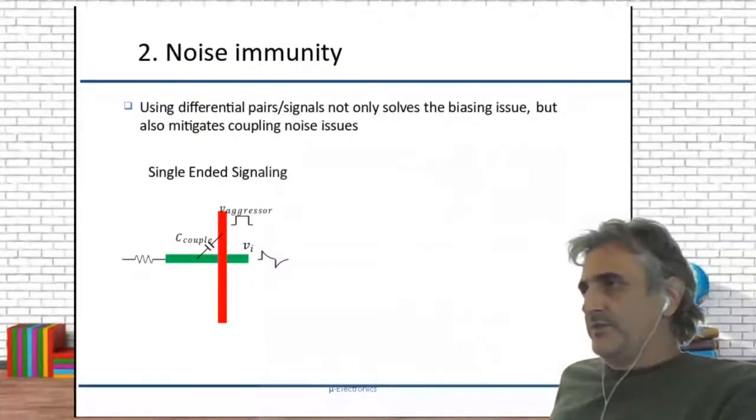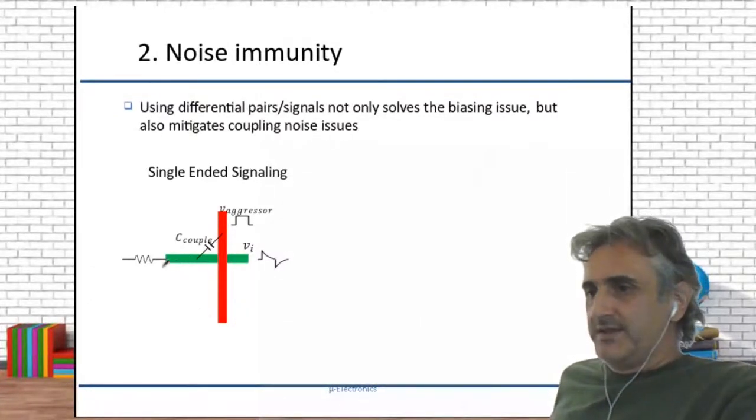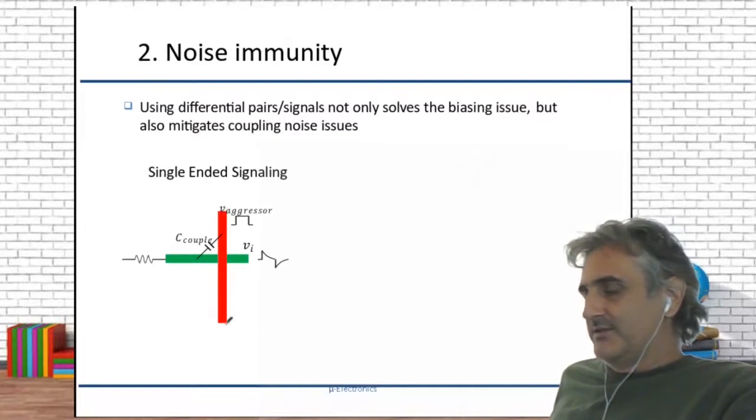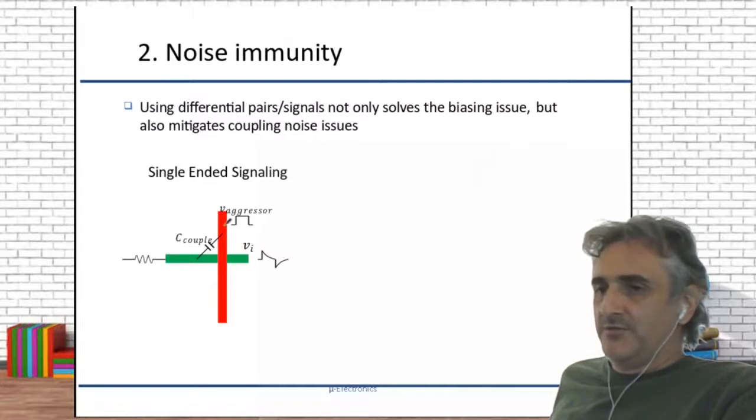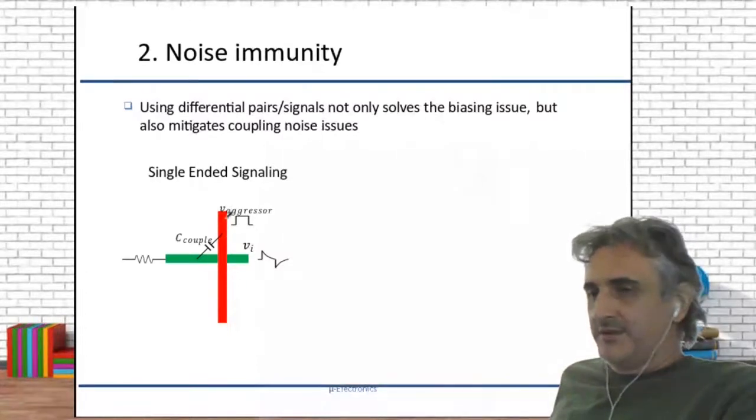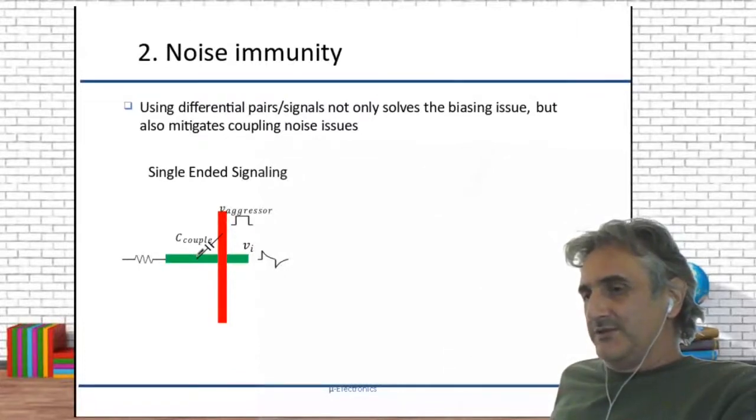For instance, when you have a signal here that goes through the green line, but it's coupled to another line that goes over, or below, which is another layer, and you have a signal in this aggressor, they can be coupled through a capacitor.